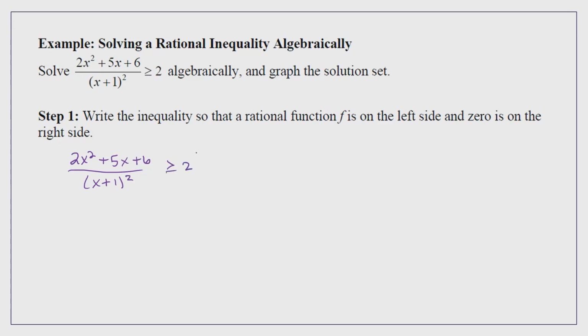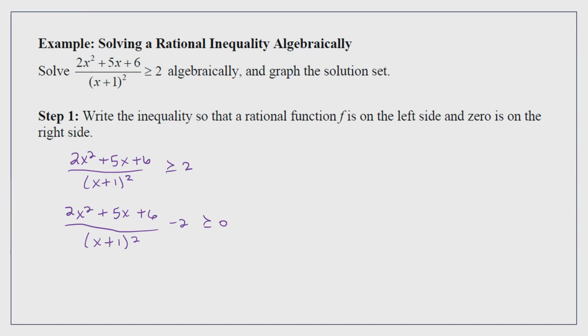So we're going to subtract 2 to the left side so that we can have that 0 on the right-hand side. You always want 0 on one side of your inequality before solving for any solution. Now to simplify the left-hand side, we can make common denominators.